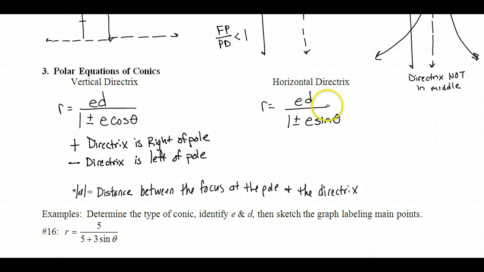And for horizontal, your directrix is either going to be above or below the pole. Well, if you are adding, the directrix is above the pole. And if you are subtracting, the directrix is below the pole.